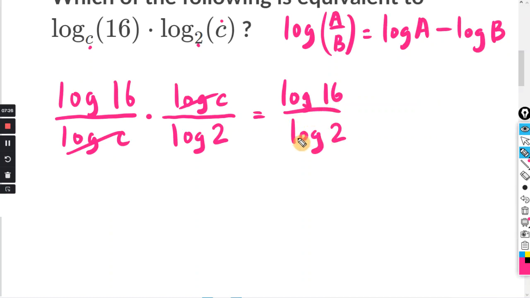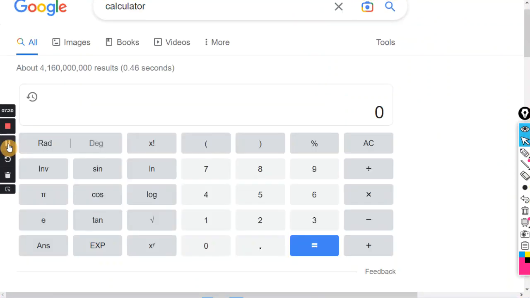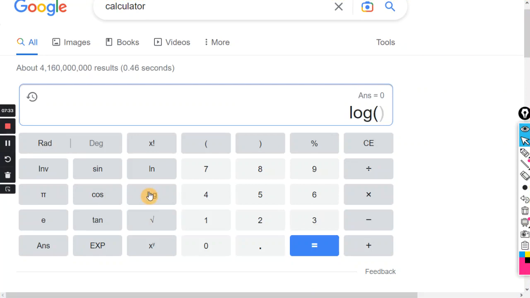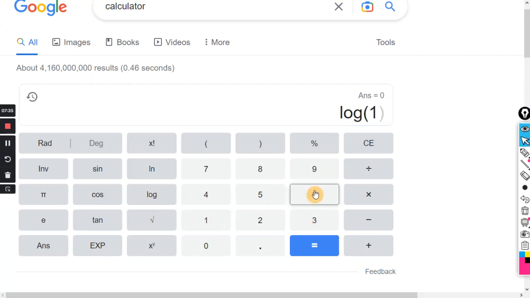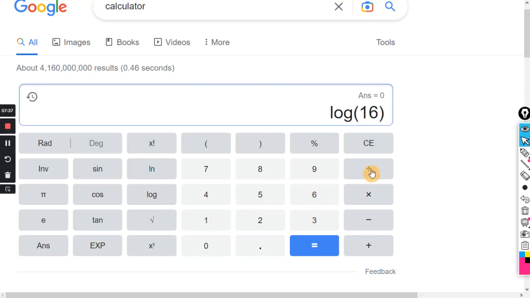Log of 16 divided by log of 2. If we do log of 16, close parentheses, divided by log of 2, close parentheses, that just equals 4. Now I'm going to show you another way to do it without the calculator.